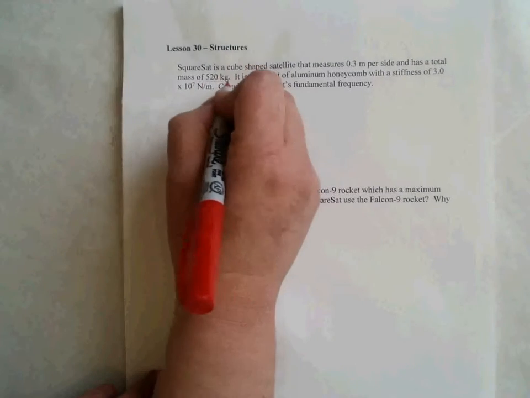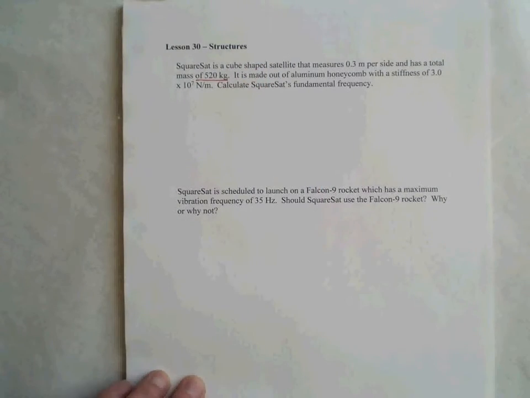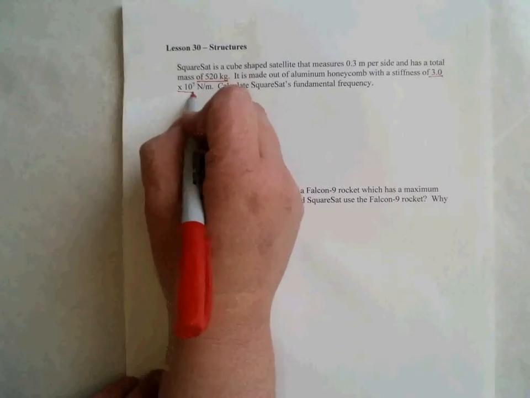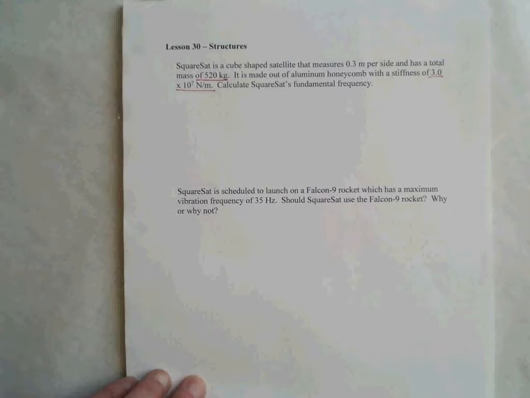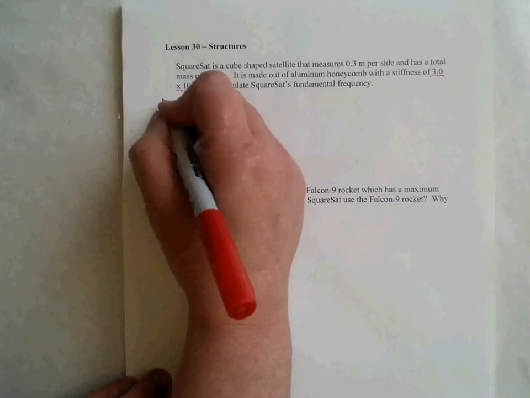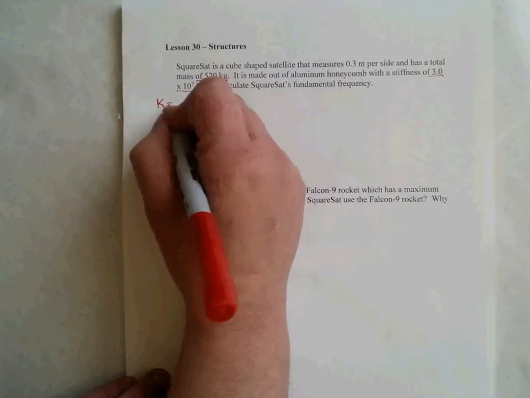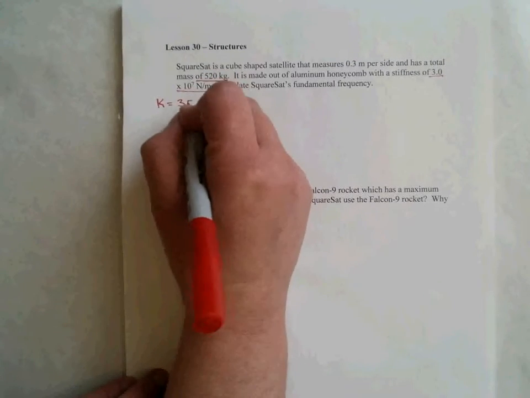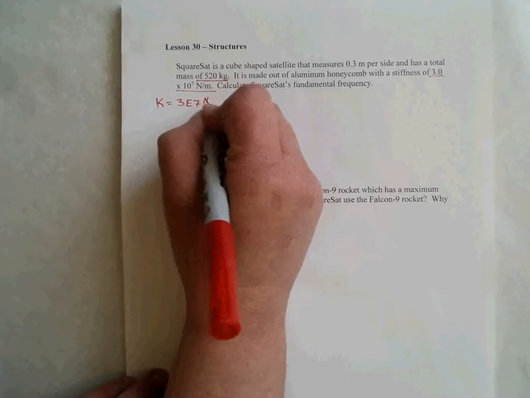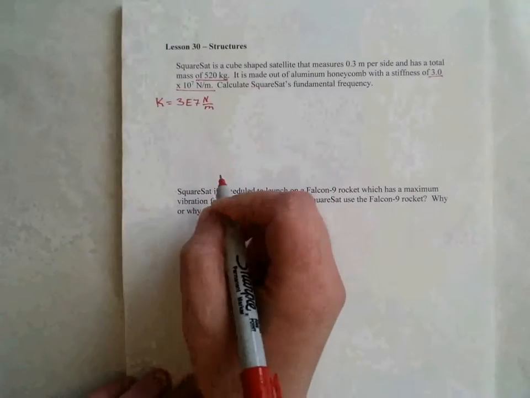So we're told here that a cube satellite has 0.3 meters per side and a total mass of 520 kilograms. And we have a stiffness of 3 times 10 to the 7 newtons per meter. So that's our K value, our spring constant. So K is equal to 3 times 10 to the 7 newtons per meter.